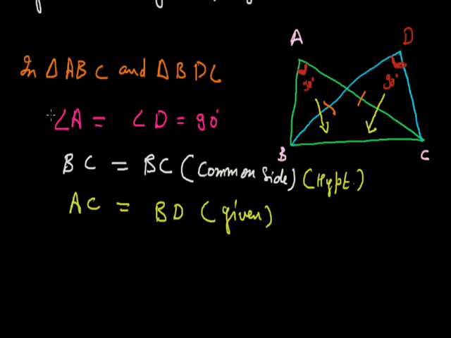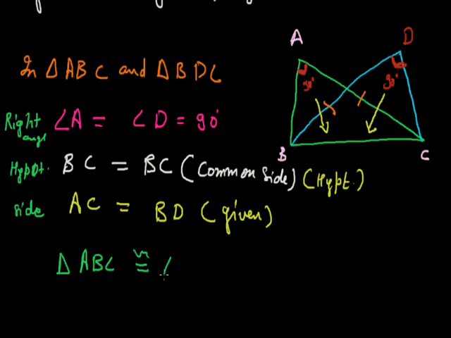Now if you see that we have got a right angle equal, then we have got the hypotenuse equal, then we have got one of the side equal. So which congruence property are we going to apply? Right angle hypotenuse side. So triangle ABC is congruent to triangle DCB.